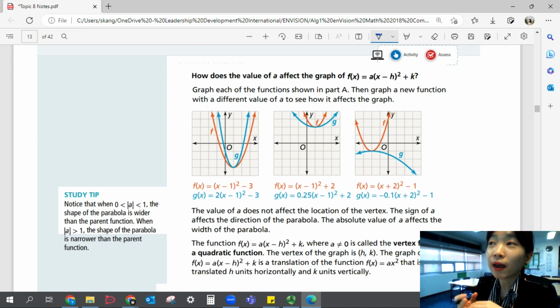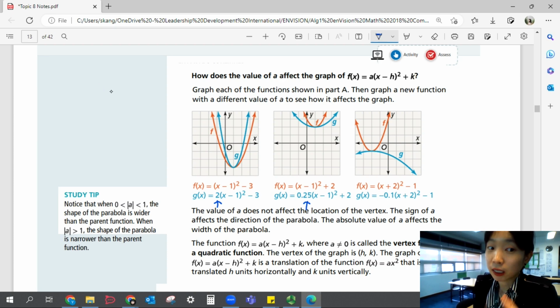It may make your graph go wider or narrower, depending on the magnitude of your a. So if you have an absolute value of a, you'll easily be able to see, is it going to get wider? Is it going to get smaller?